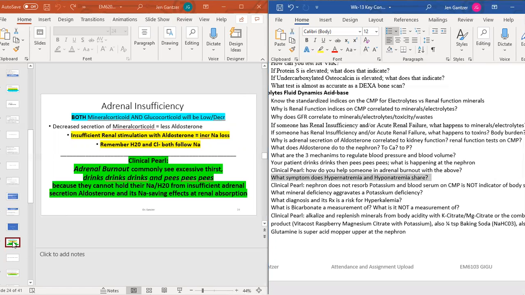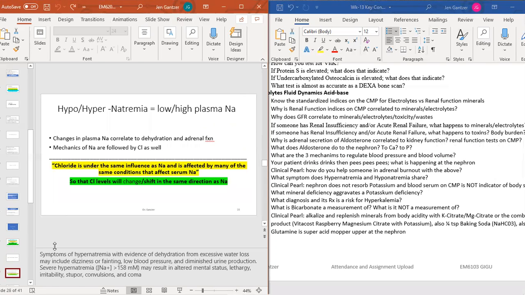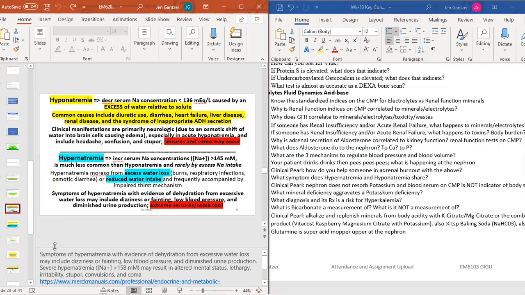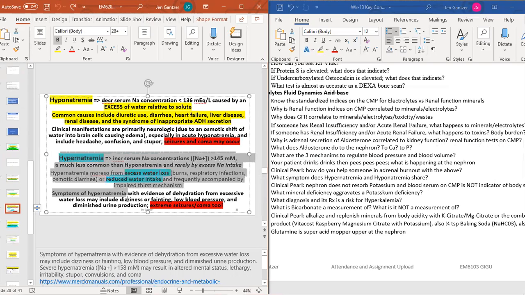So the problem with sodium is that when you are looking at hypo versus hypernatremia, if you have high sodium or too low of sodium, they both can result in significant neurological symptoms, seizure, and coma. So hypernatremia is almost never too much salt intake.